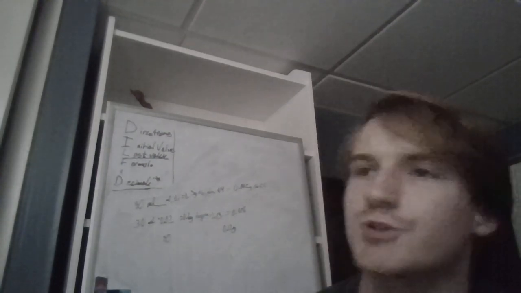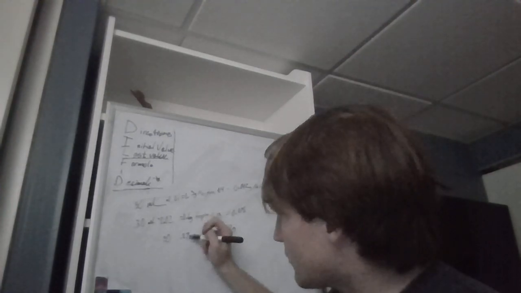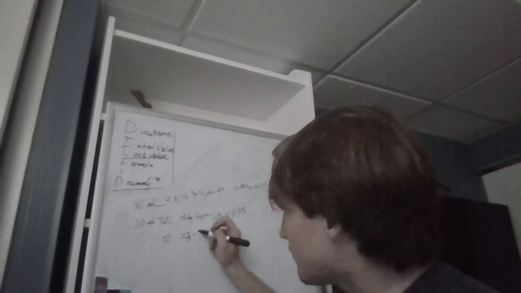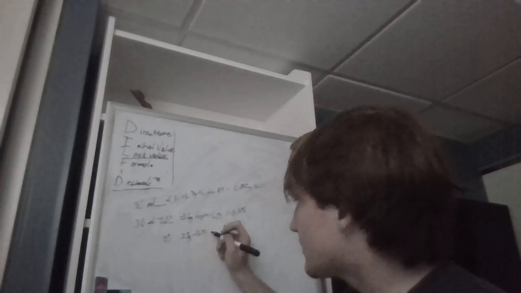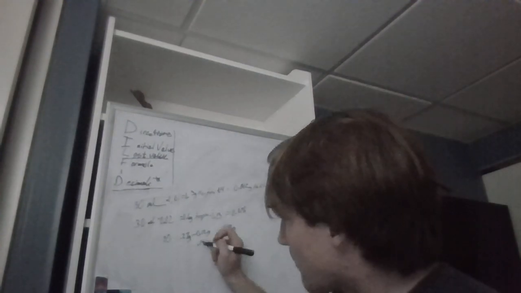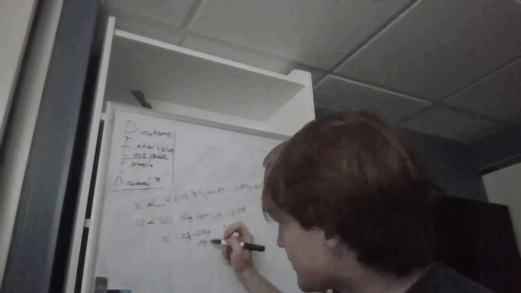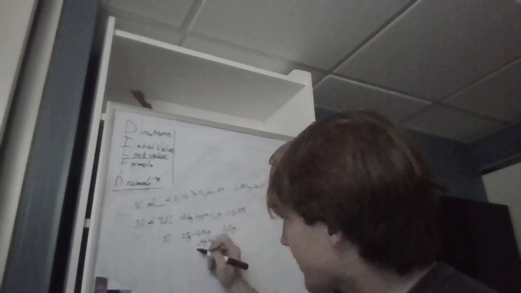How much sodium chloride do we need to make 30 ml isotonic? 0.009, oh, there we go, is 0.27 grams. Then you subtract 0.12 from 0.27, and that gives you 0.15 grams NaCl.